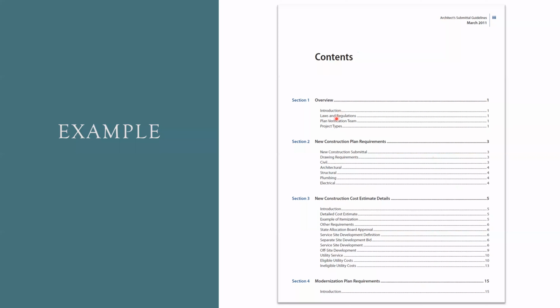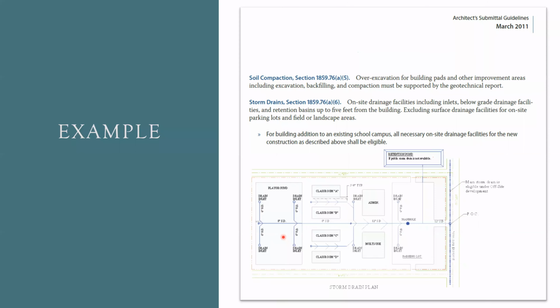You can see the first section talks about laws and regulations, the plan verification team, like what we do, and what is needed for new construction projects. It goes into a lot of detail for every section, so we highly recommend that you utilize this resource. Here is another example of one of the pages in the book, for example, soil compaction.